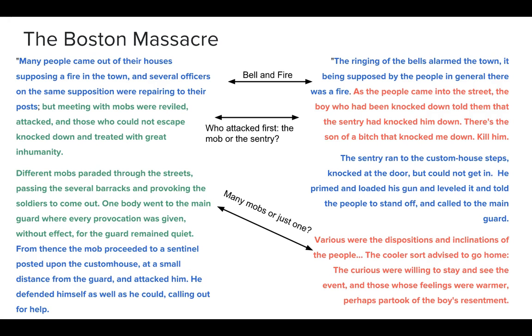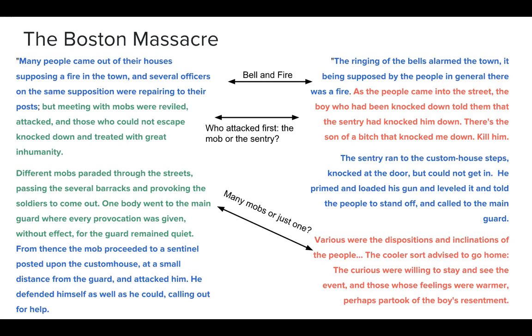First of all, we've got Gage, who is a loyalist to the empire and so is trying to justify why the massacre took place and why the shootings occurred in defense of the British soldiers. And we've got Adams, who is completely against the British soldiers and is trying to point out how horrible a massacre this is because of the British, pretty much.